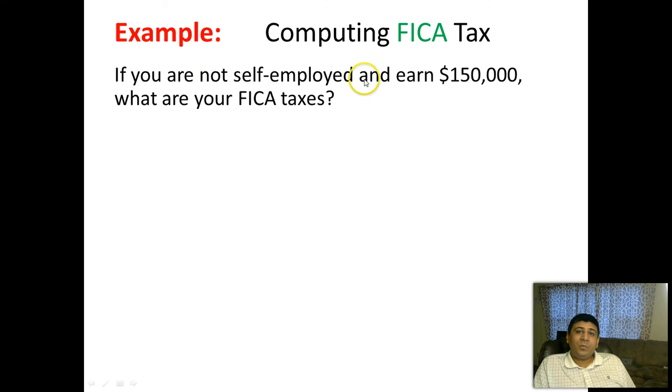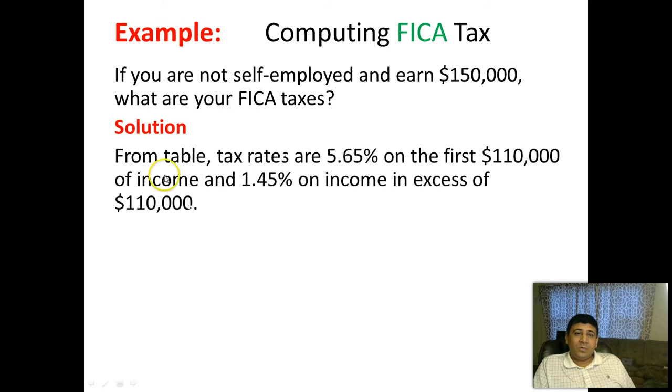If you are not self-employed and earn $150,000, what are your Social Security and Medicare FICA taxes? From the table, which I said you don't need, I put it for your information, your tax rate is 5.65% on your first $110,000, and then 1.45% on whatever you make above this.